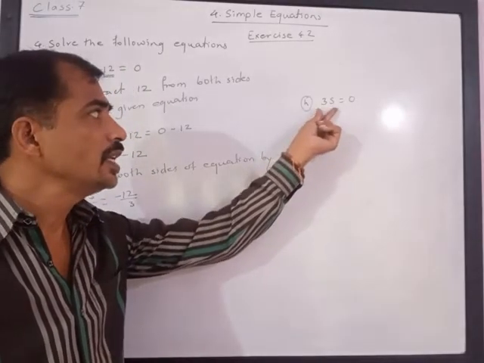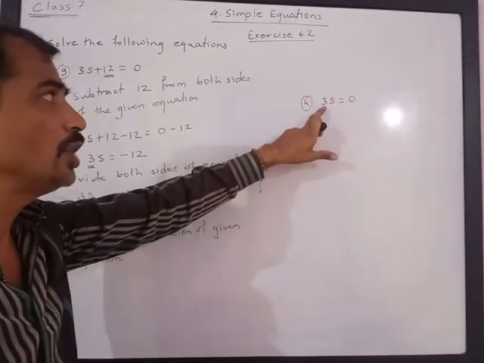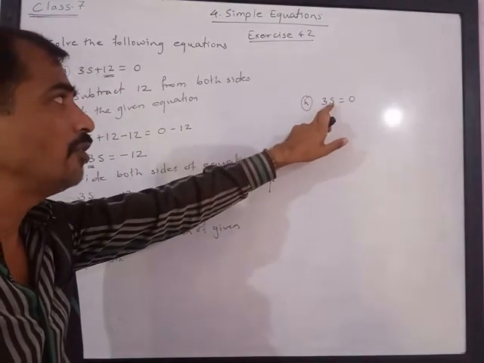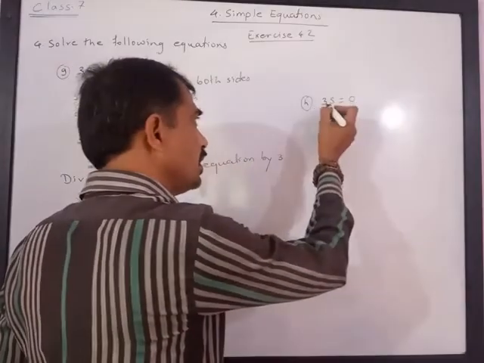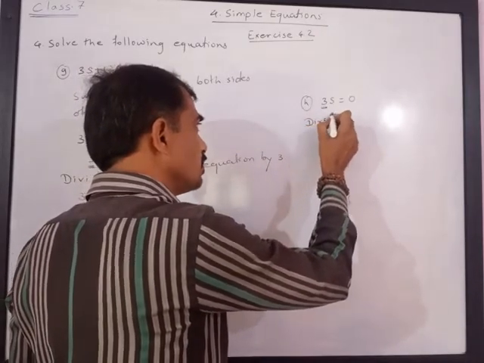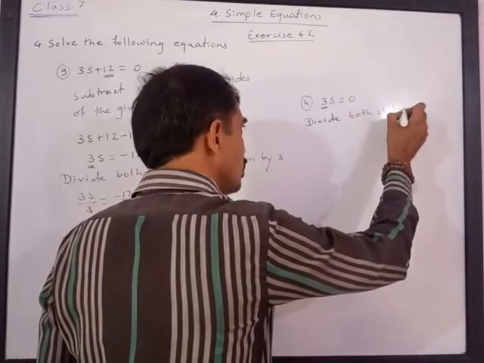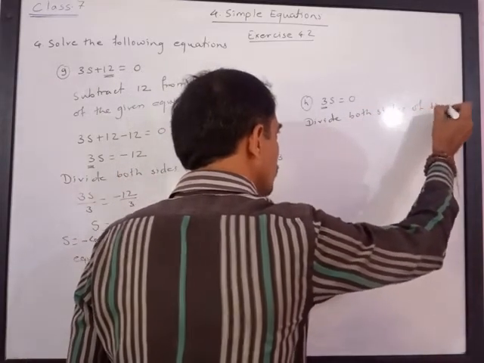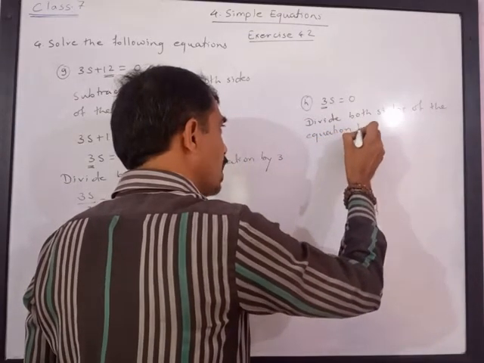Next question is 3s is equal to 0. Please note we need to eliminate this 3 and we need to find the value of the variable s. So to eliminate 3, which is multiplying, we have to do the opposite operation. Divide both sides of the equation by 3.